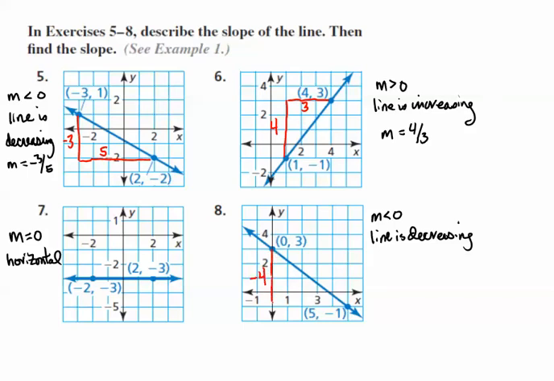So we have a negative 4 over 1, 2, 3, 4, 5. And so the slope would be negative 4 over 5. All right, and so that's going to do it for these 4 problems. We will go on to the next set of problems.